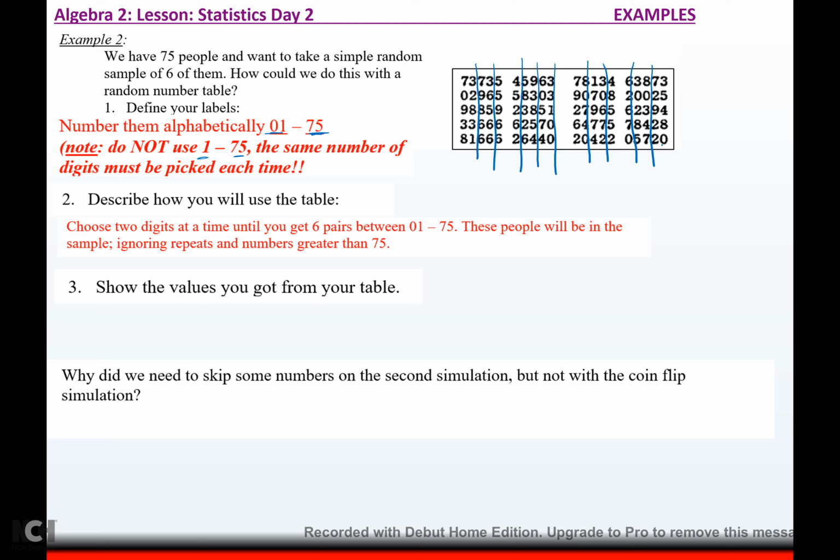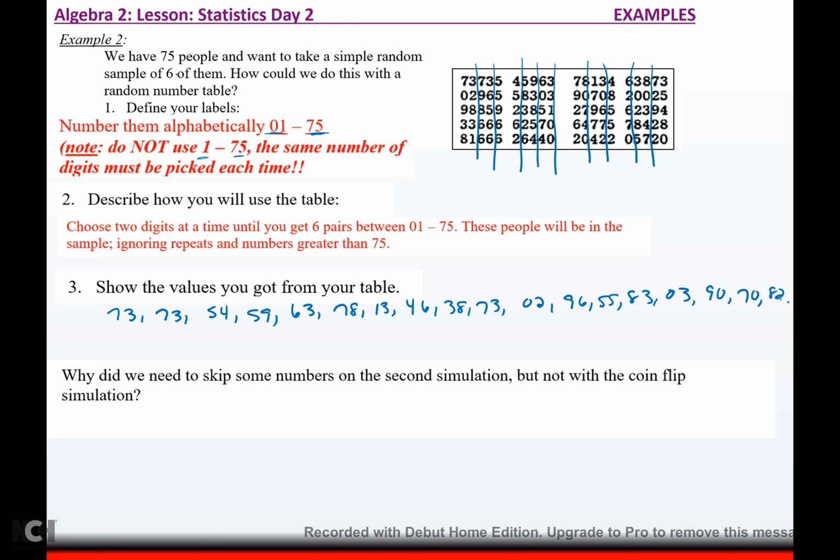So if I just start, the numbers then would be 73, 73, 54, 59, 63, 78, 13, 46, 38, 73, 02, 96, 55, 83, 03, 90, 70, 82, and you could keep going forever and ever. I need to just go long enough.